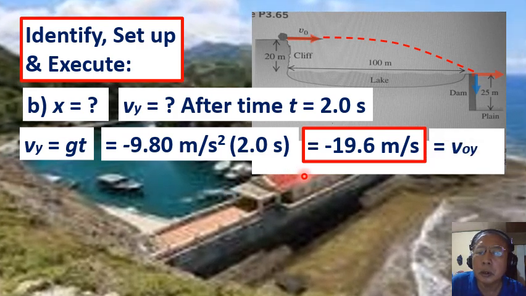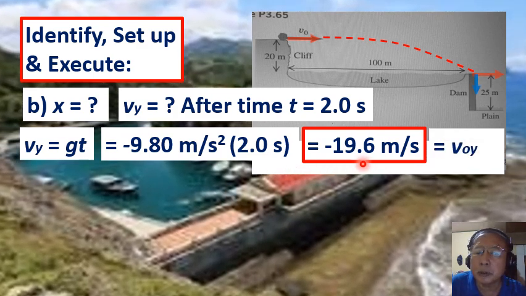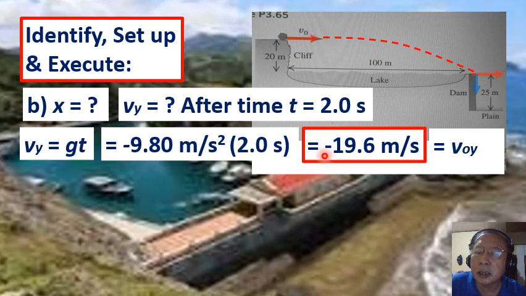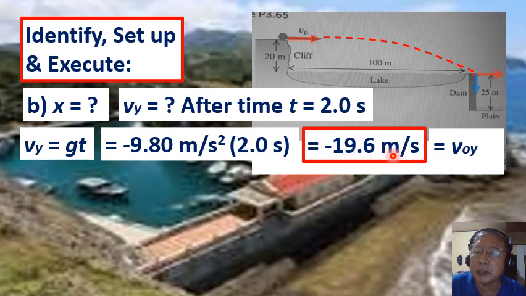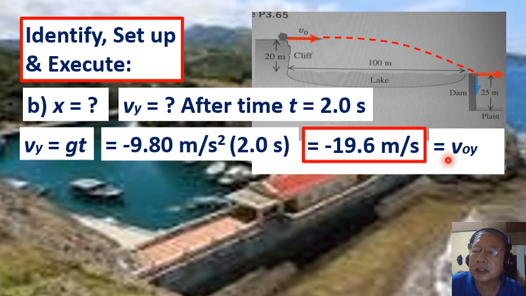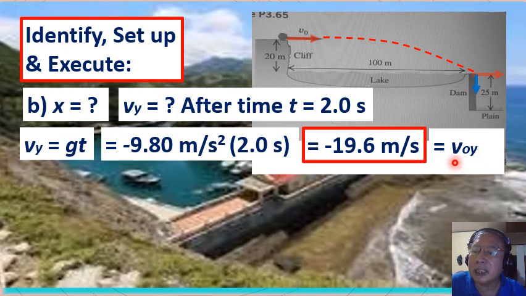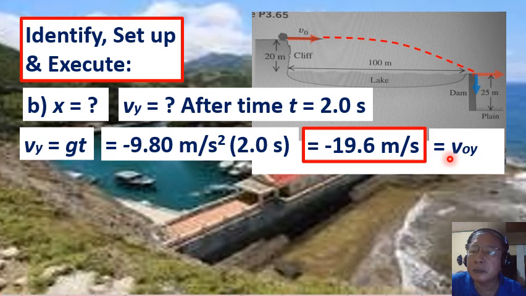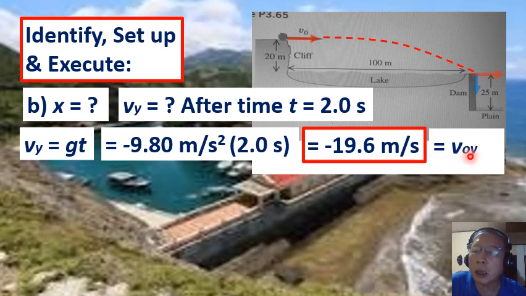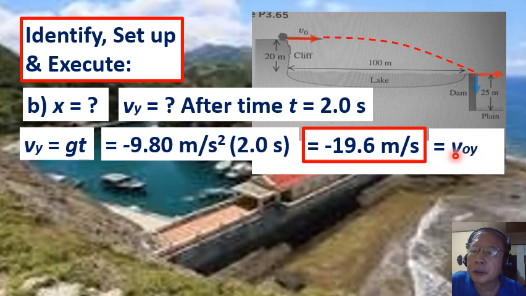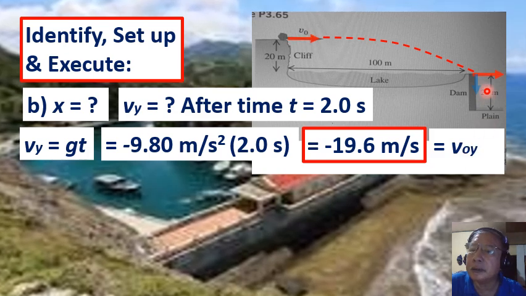So, the value of Vy that we computed here, negative 19.6 meters per second, is now considered as the initial downward velocity, all right?